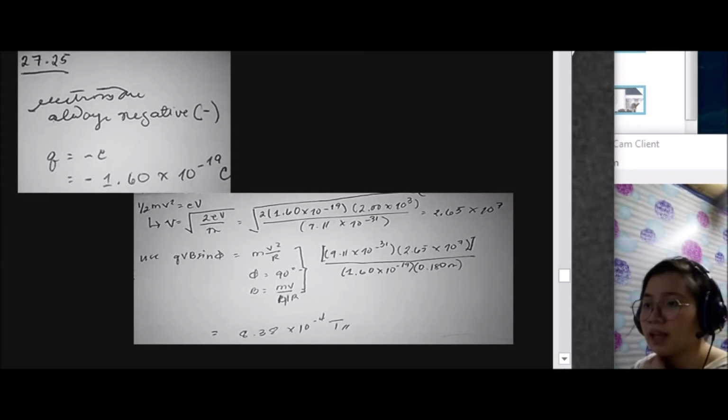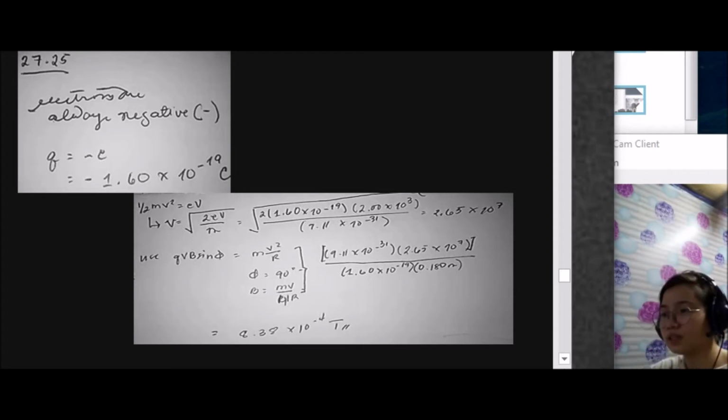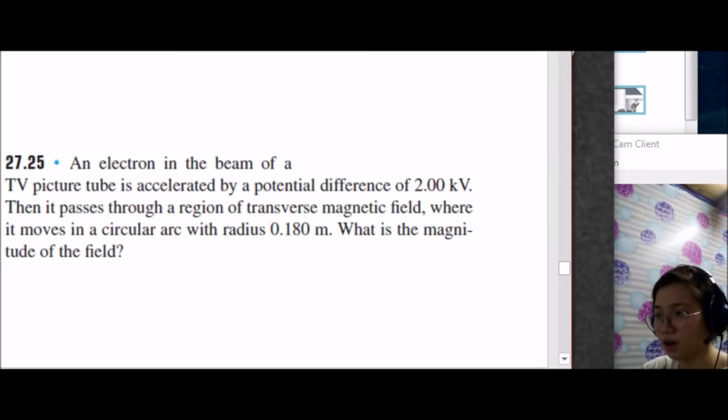When it moves in a circular path of radius r, which is 0.180 meters, its acceleration is v squared over r.